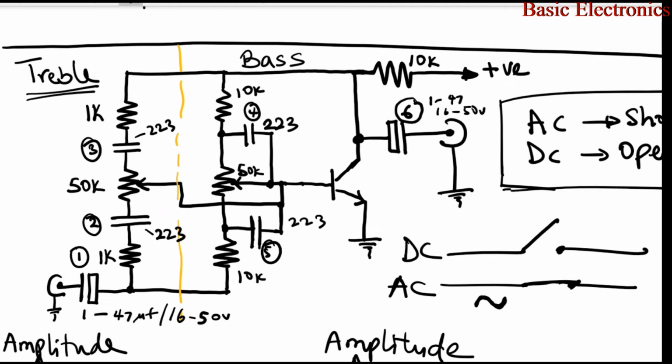All right, I think we've got all the components covered except this one here. Were you able to name this transistor? It's an NPN transistor, so use any audio frequency NPN transistor.